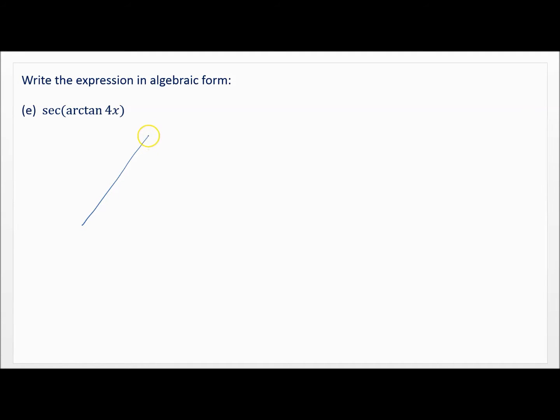Okay, so I'm going to draw a right triangle, because all of the trig functions are defined on a right triangle. And I'm going to go with the inside first. I'm just going to write down what that is actually saying. It's saying arc tangent of 4x. In other words, tangent of some angle, I'm just going to call it theta, is equal to 4x.